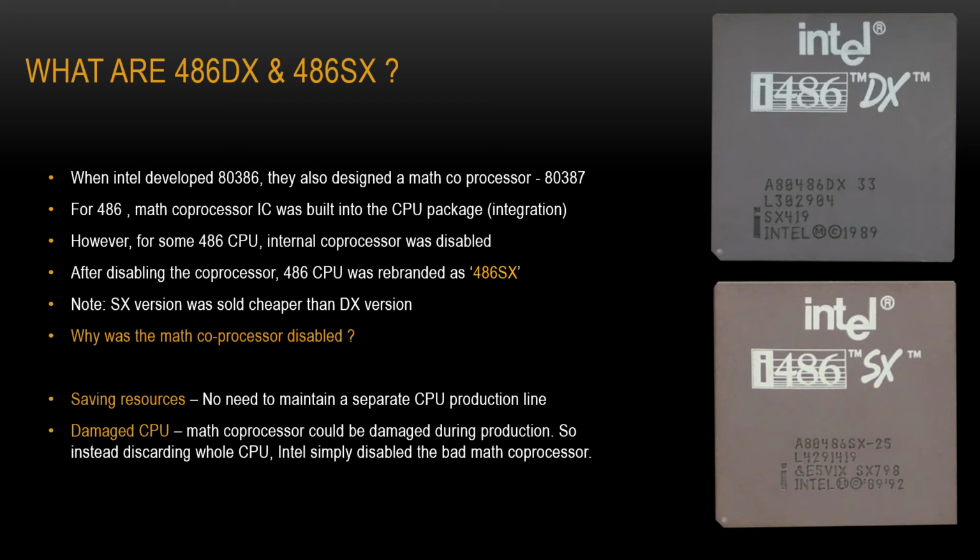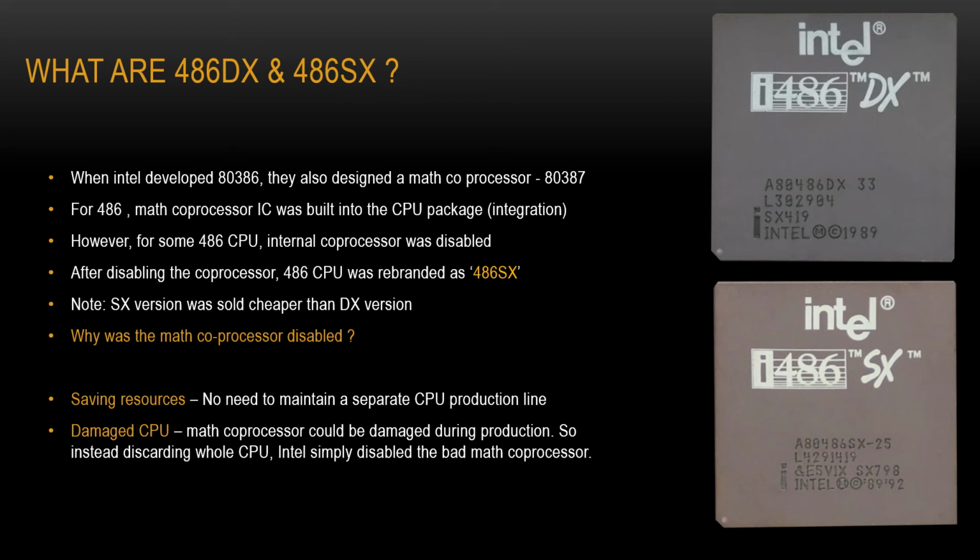For 486, math coprocessor IC was built into the CPU package. However, for some 486 CPU, the internal processor was disabled, and such 486 CPU was rebranded as 486SX. SX version of 486 was sold cheaper than DX version.